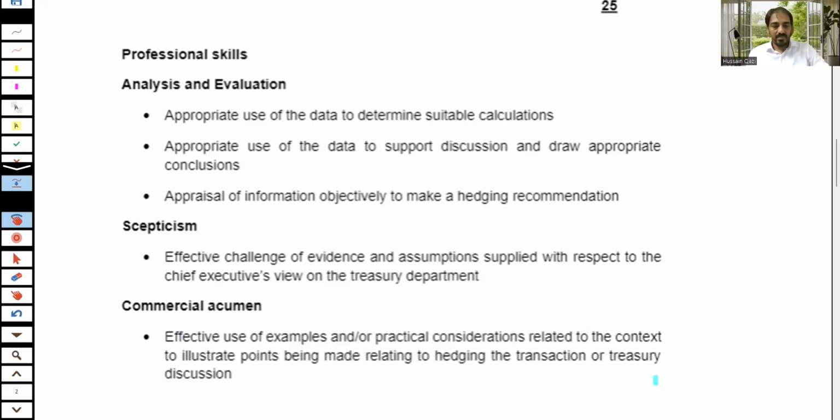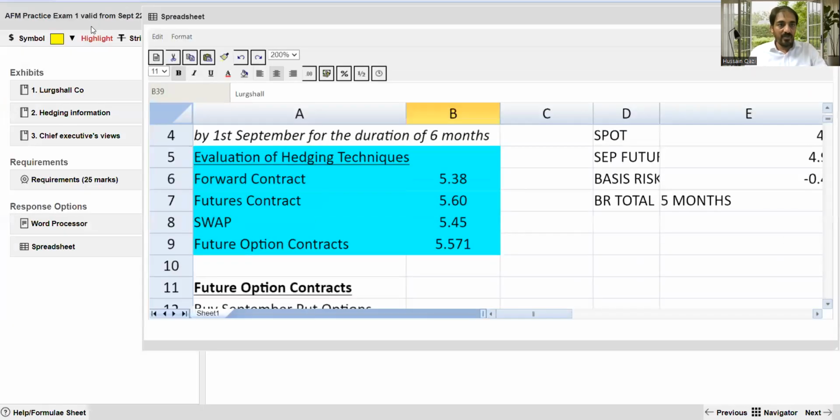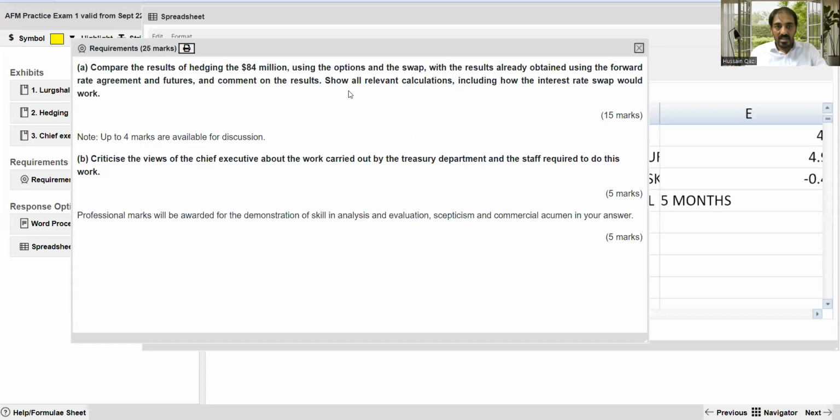Do remember that if you have attempted the calculation part of the 15 marks, in part A that includes 15 plus 3, 18 marks, out of that 18 marks you have covered substantial marks with the calculation.